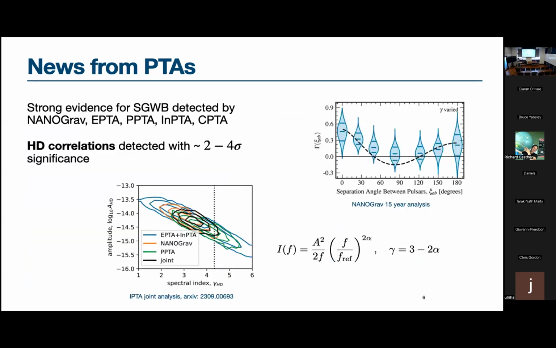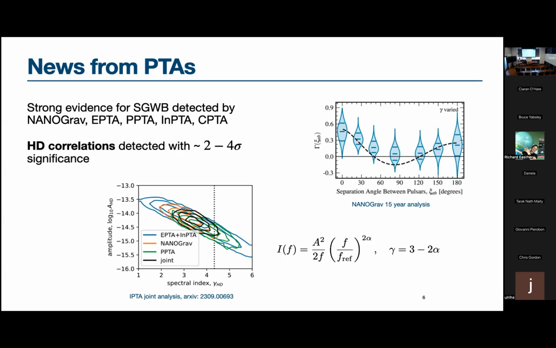So recently, several pulsar timing arrays have announced strong evidence for such a stochastic gravitational wave background. These include the American, the European, the Australian, Indian, as well as the Chinese collaborations. So the significance of this evidence ranges from 2 to 4 sigma, depending on the different collaborations, which have different data sets and so on.